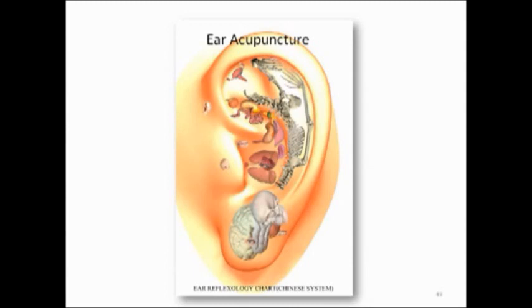Musculoskeletal and organ system ear chart. Most often, anatomically corresponding points in the ear of a problem area of the body can be detected by an electronic point finder. The electrical resistance of the pathogenic point is less than the surrounding area, which can be detected by an electronic device.